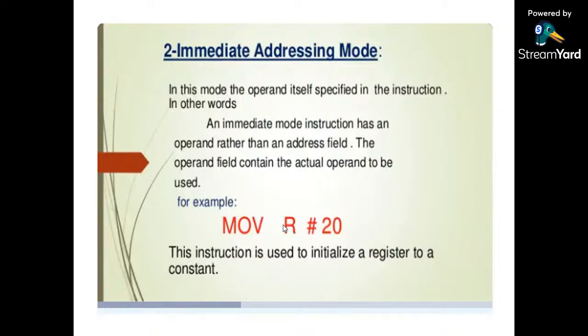The value upon which the operation is to be performed is given directly in the instruction itself. This is called immediate addressing mode.